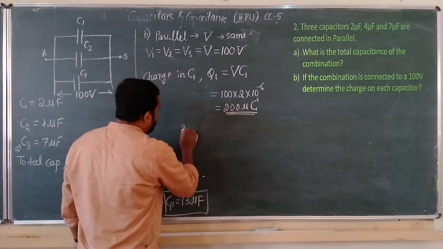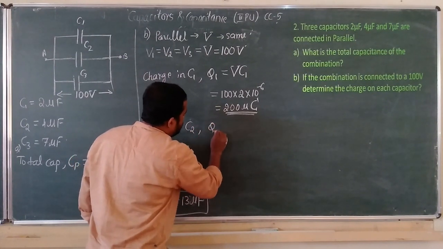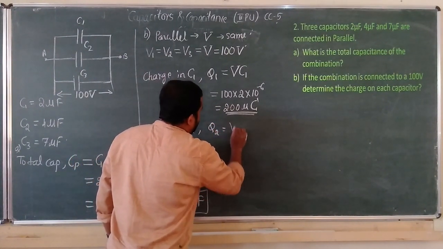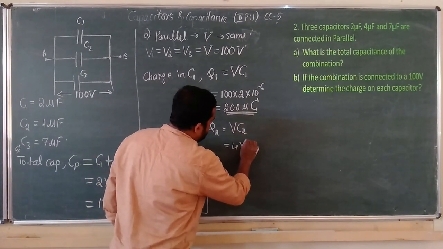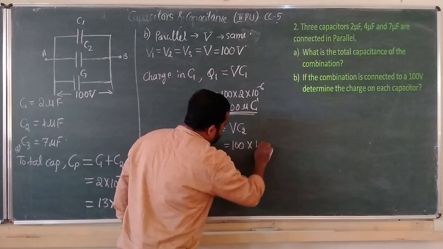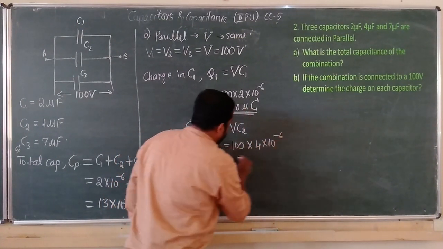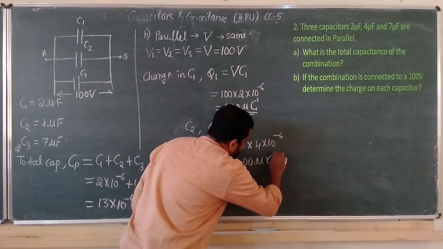Similarly, in the case of the second capacitor, Q2 is equal to V into C2. The potential difference is 100, the capacitance is 4 into 10 power minus 6, which is equal to 400 microcoulomb.